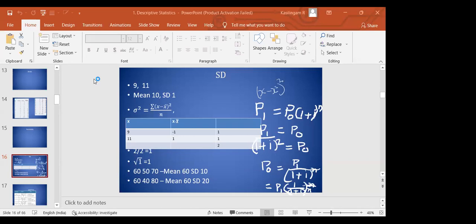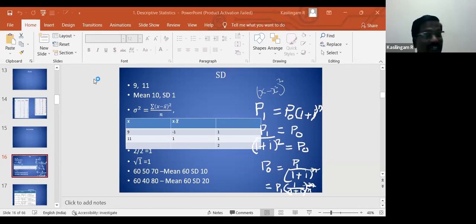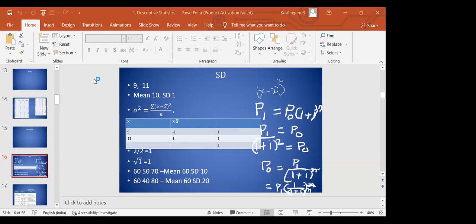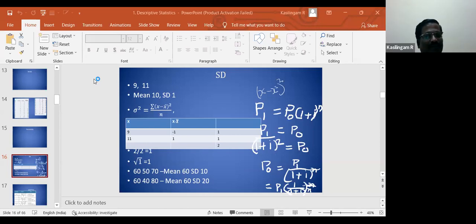We are going to take two variables. Two variables means we are going to take two columns, because variables are in the columns. Column 1, column 2.